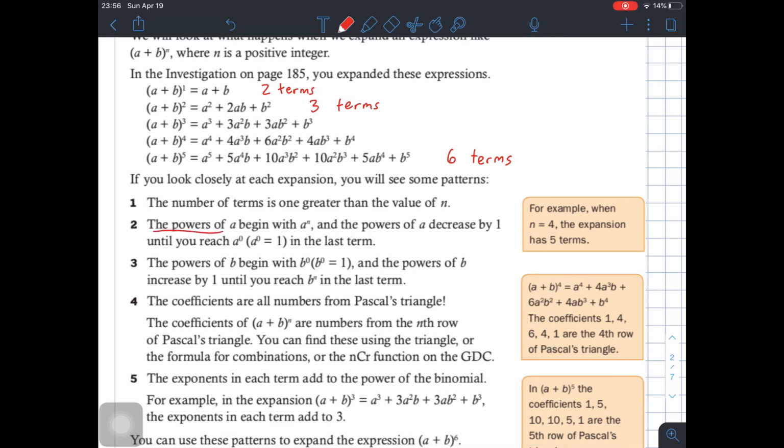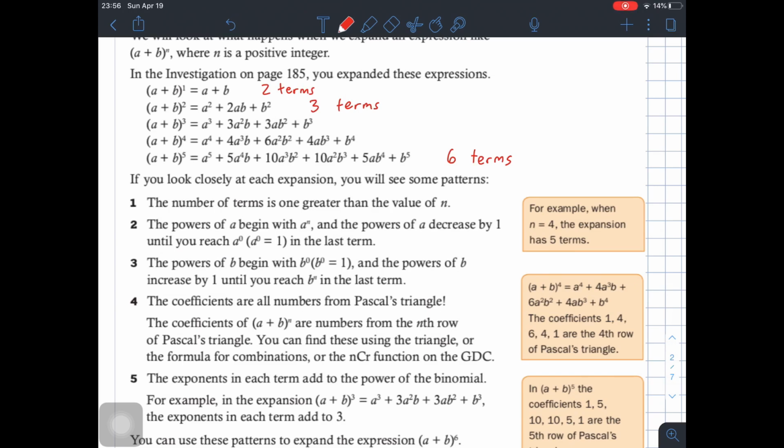Then number 2 says, the powers of a begin with a to the power of n. That's the first term in the binomial. The powers of a decrease by 1 until you reach a to the power of 0. Remember that a to the power of 0 is 1 in the last term. So that's what I already explained to you.